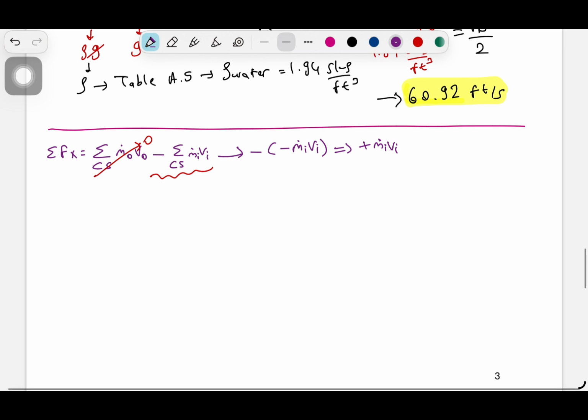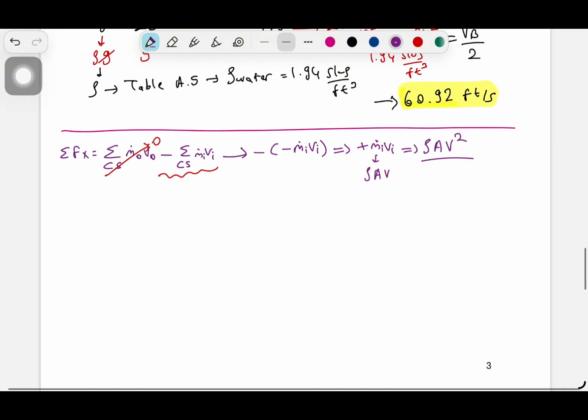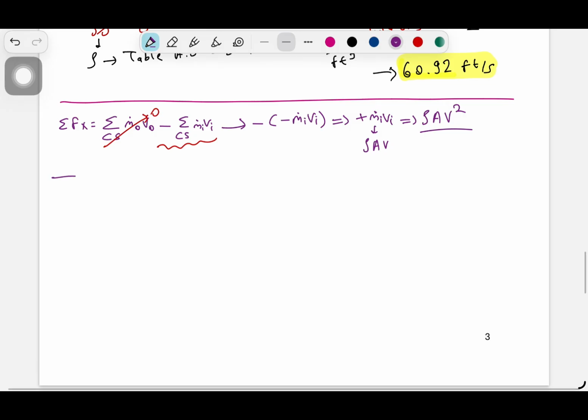And if you do these calculations, the rest is actually easier, because mass flow rate is rho A V, and this is going to give rho A V squared. And we already know the value of force, and this will be equal to Fx.